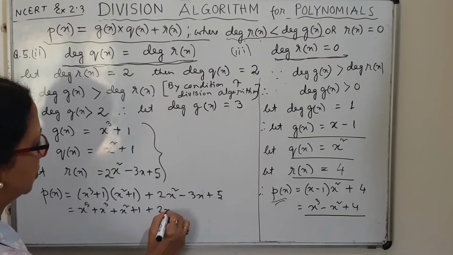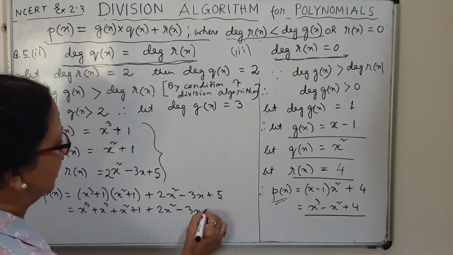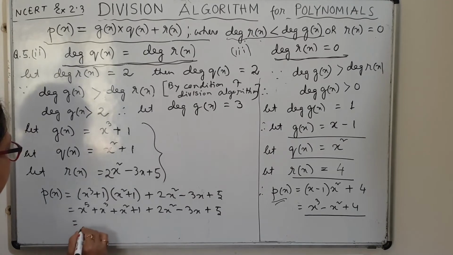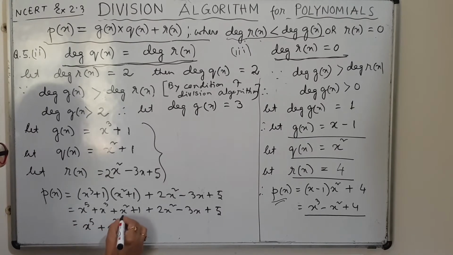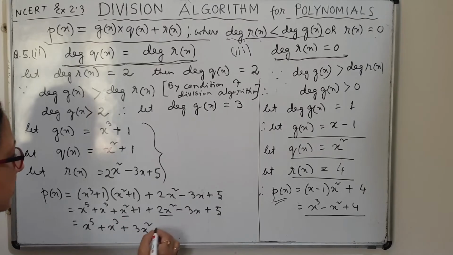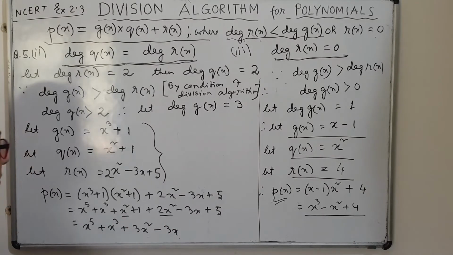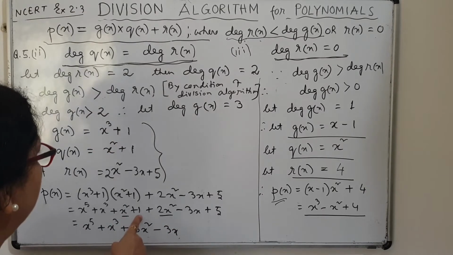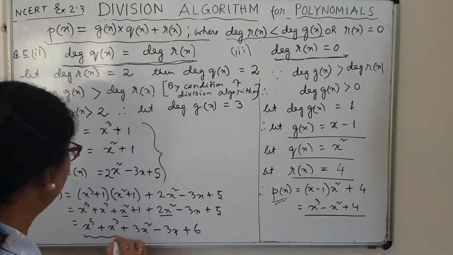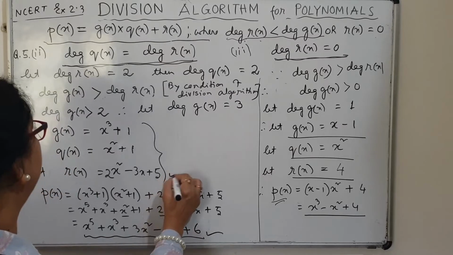Then plus 2x square minus 3x plus 5. Now you simplify: x to the power 5 plus x cube, now 1x square plus 2x square, so it is plus 3x square, then x term minus 3x, and what about the constants? Constants left: 1 plus 5 is 6. So this is your p(x), this is q(x), this is r(x).